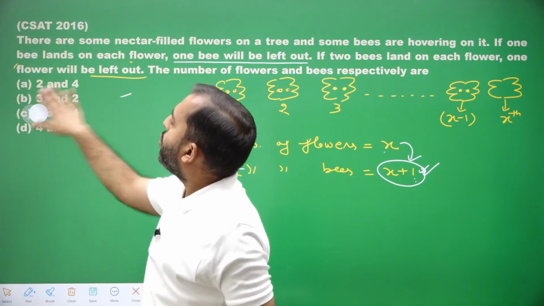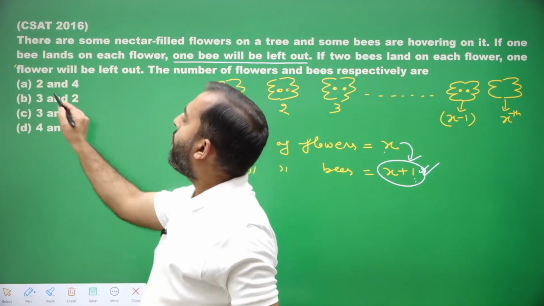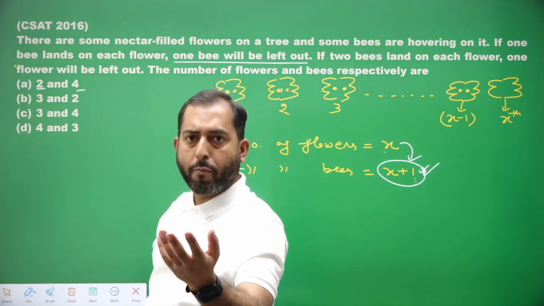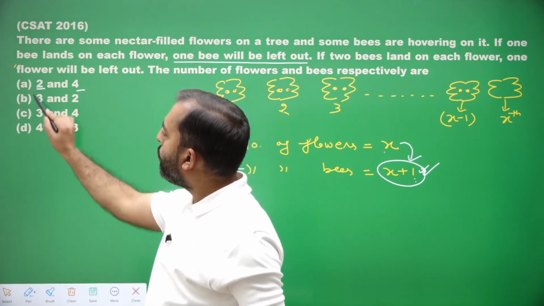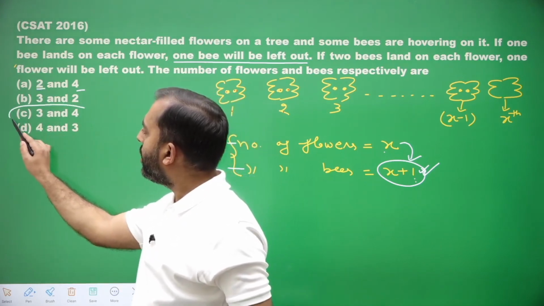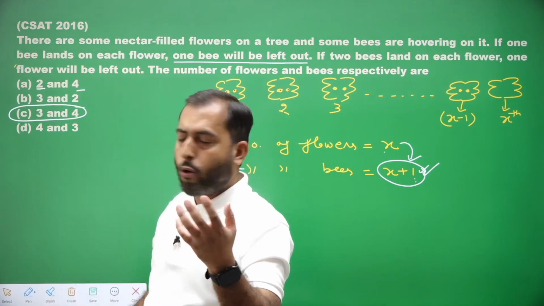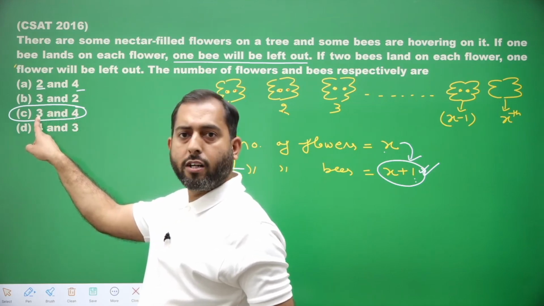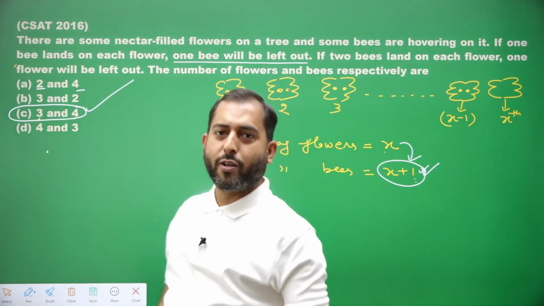In the question, the first number is talking about flowers and the second number is talking about bees. Out of these 4 options, only in option C are the number of bees 1 more than the number of flowers. Hence, option C is the right choice.